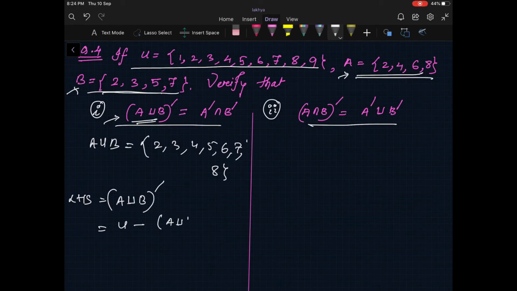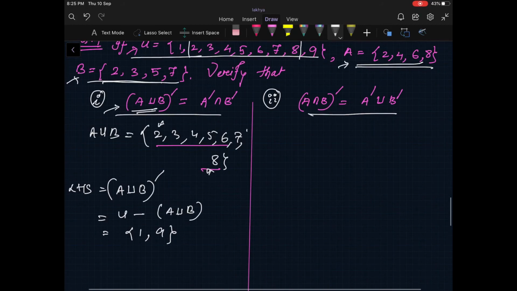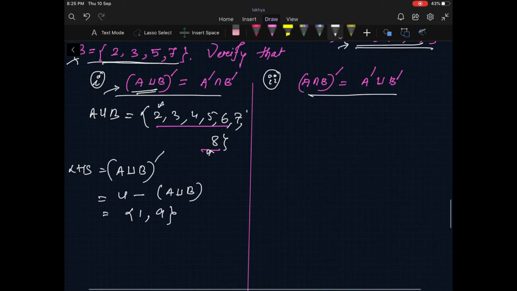The complement of A union B will be the universal set minus A union B. So eliminate those elements from the universal set. Starting from 2 to 8, all these elements should be eliminated. Then you will get 1 and 9 in the resulting set.